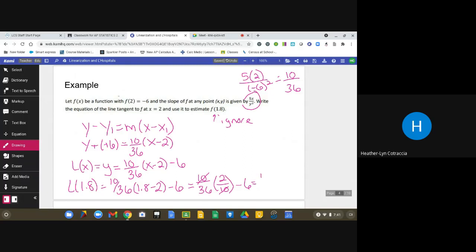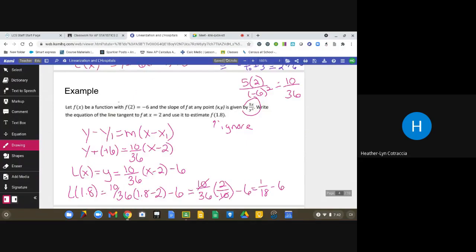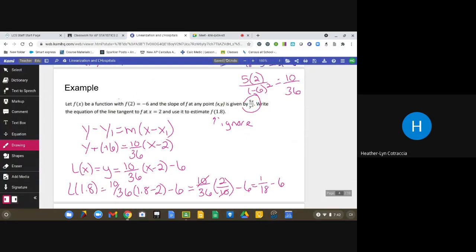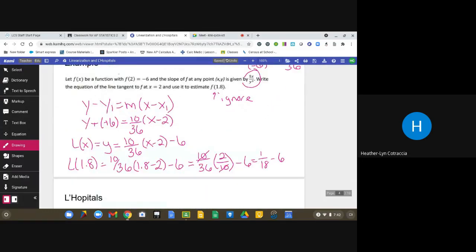I'm doing a lot of mental math here. I may have got that last one wrong. I might have forgot a negative in there somewhere. Oh, no, I didn't. I was good. So negative 6 minus an 18th. Well, just figure it out. Just go to a calculator at that point.